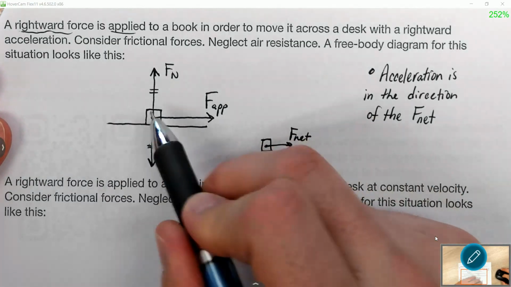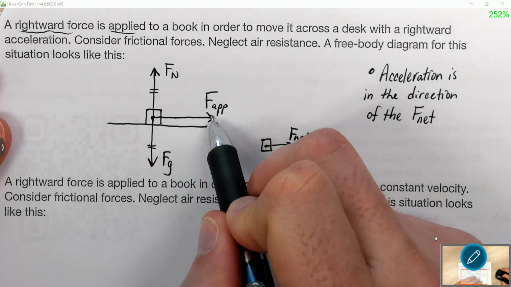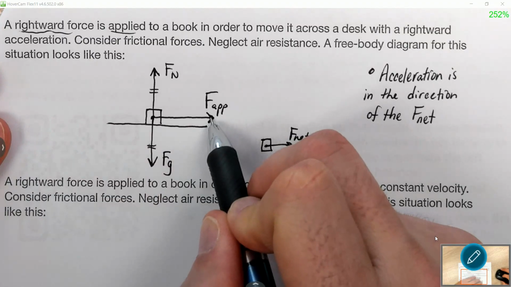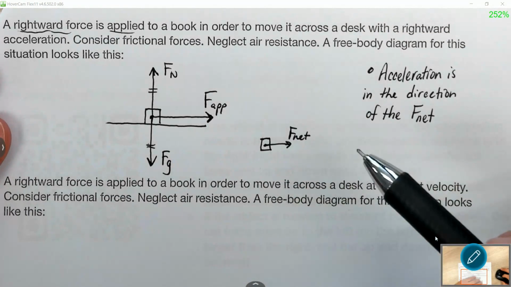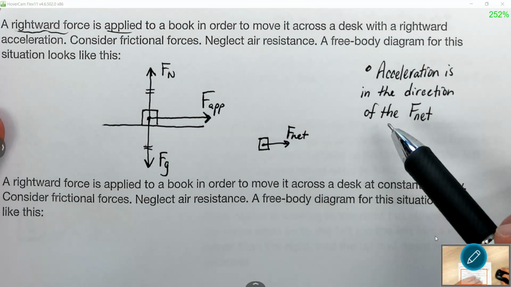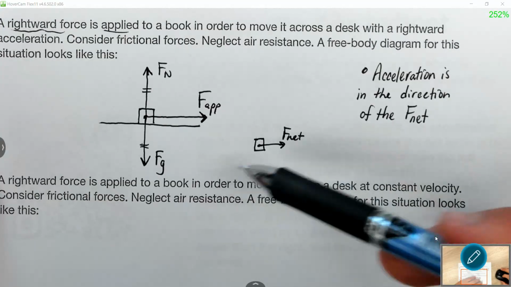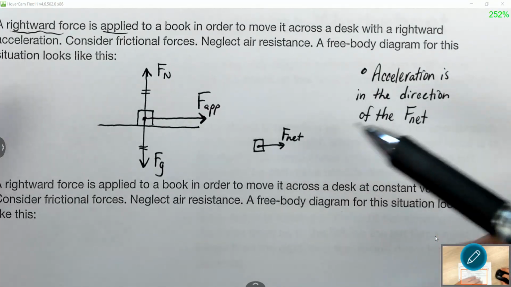So when we draw in our friction force vector, is it going to be the same size, bigger, or smaller than the applied force? If it would be the same, then there wouldn't be a net force. If it's bigger, then the net force would be going to the left, and it would be accelerating to the left. So it needs to be smaller.